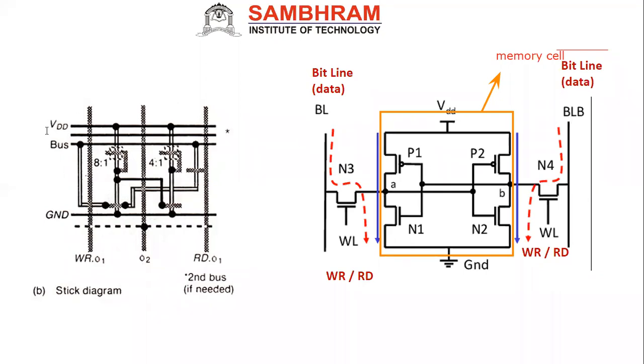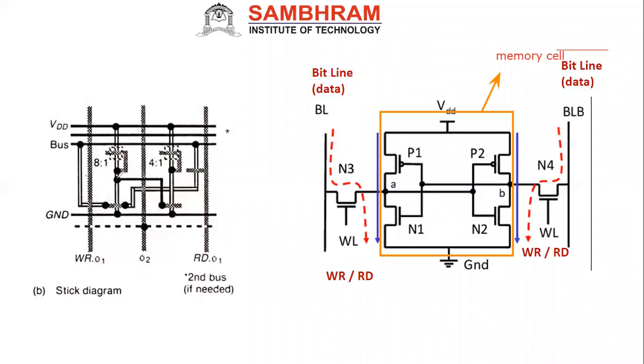Now the corresponding stick diagram is here. See this stick diagram, in the same way the VDD line is there, then the VSS line, the ground, is there. Then one bus is there. If you want two buses, only one bus here, then one more bus also gets drawn over there. See here, the corresponding transistors, 8:1, 4:1, two inverters. This is one inverter, this is another inverter. Both are connected back to back.